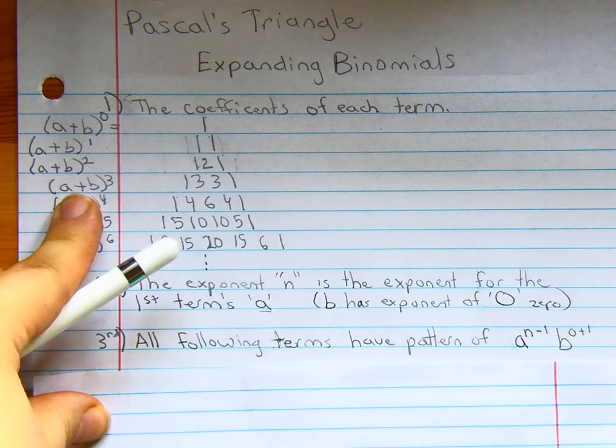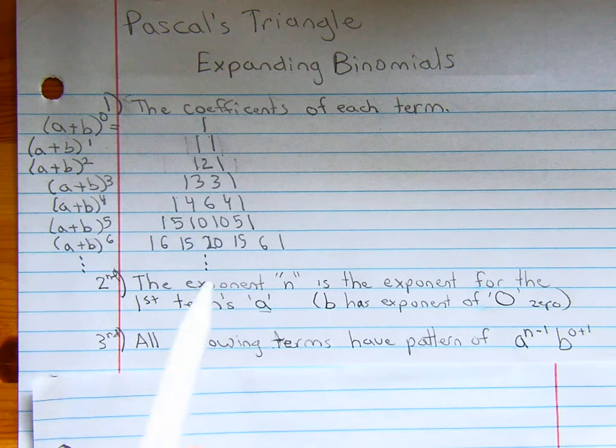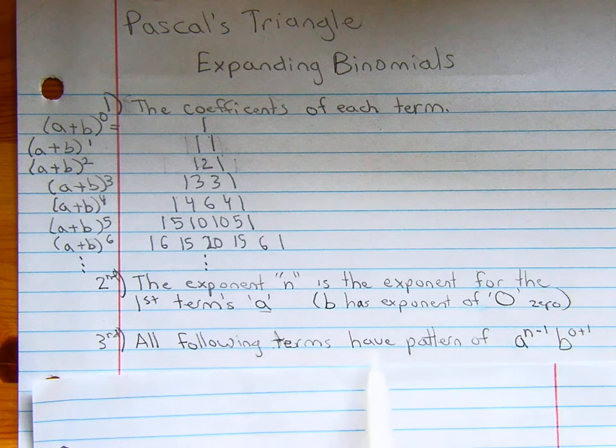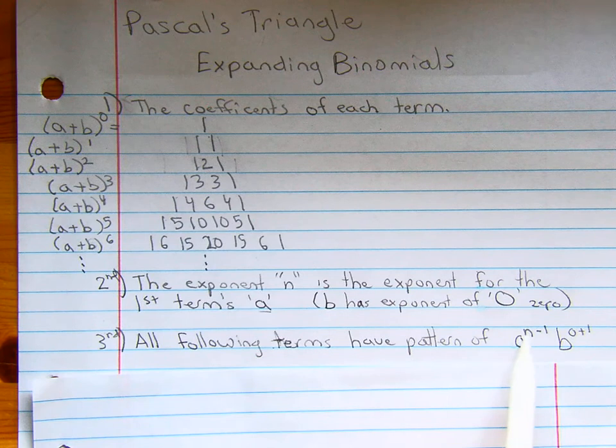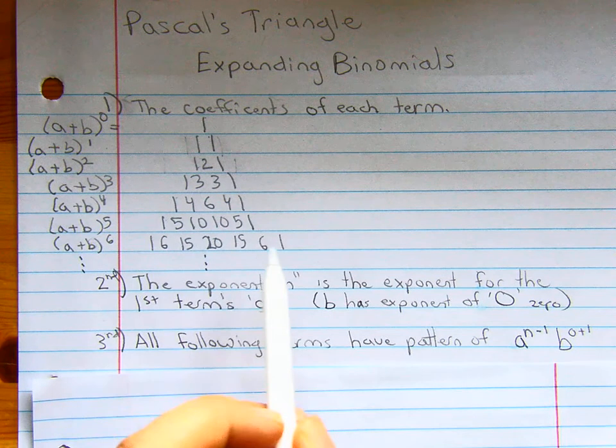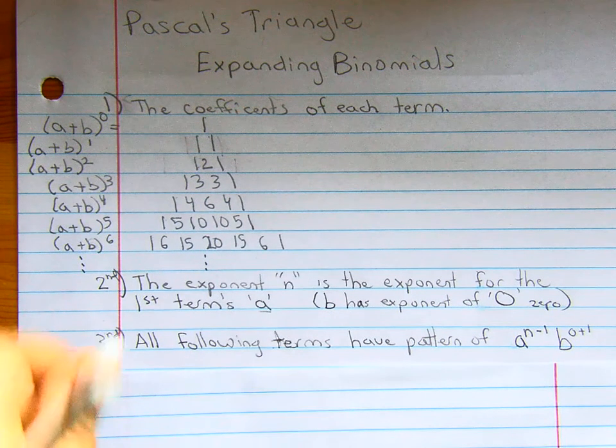The next step is that all following terms will have the pattern of n minus 1 for your a, and b is going to start off at 0 and add 1, add 1, add 1, and add 1 to each one of its terms as it progresses across.